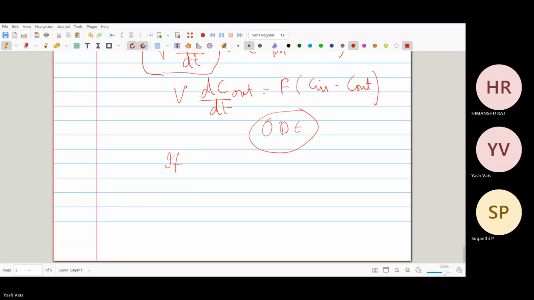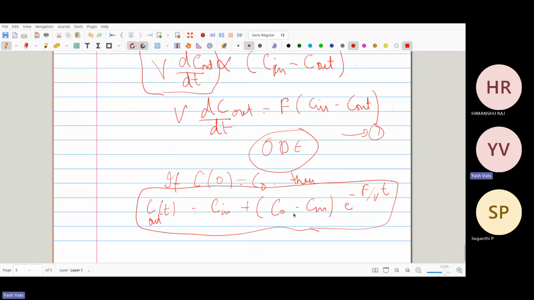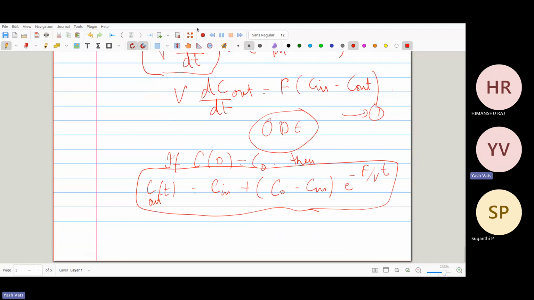If the initial concentration is C naught, then you can solve it. C out of t is given as C in plus (C naught minus C in) times e to the power minus F by V t. So you can find the exact solution and match it to the real world application, but it's more general.